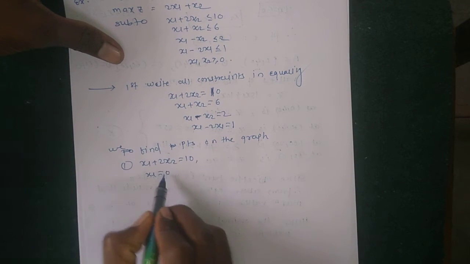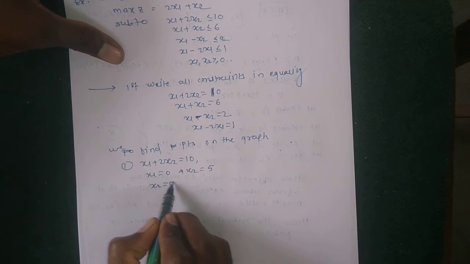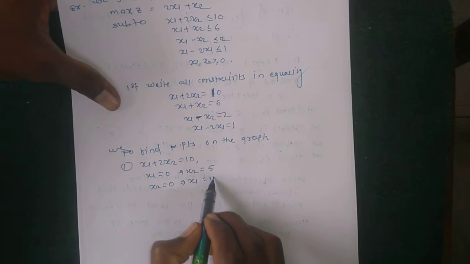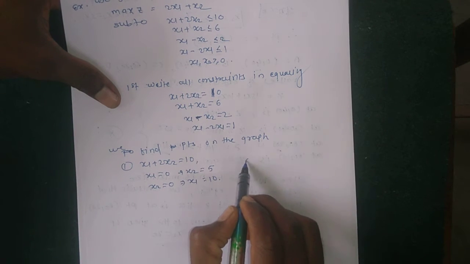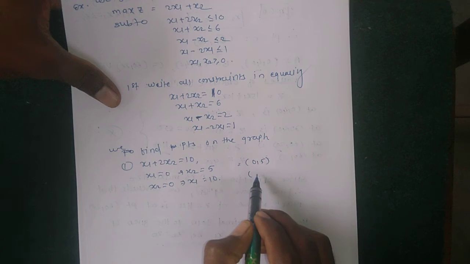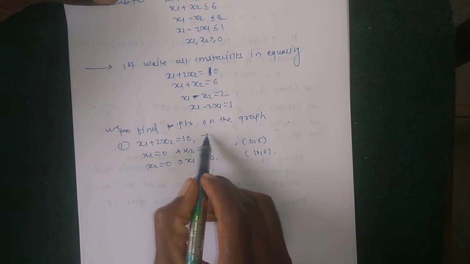If x1 is equal to 0, then x2 is equal to 5, and x2 is equal to 0, then x1 is equal to 10. Therefore points are 0, 5, and next point is 10, 0. Okay, these are the 2 points of this equation.